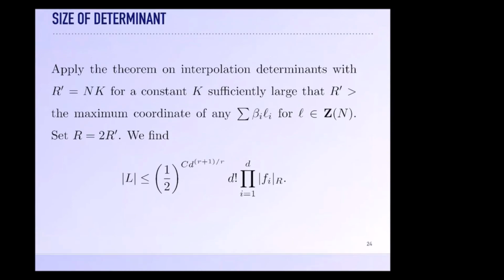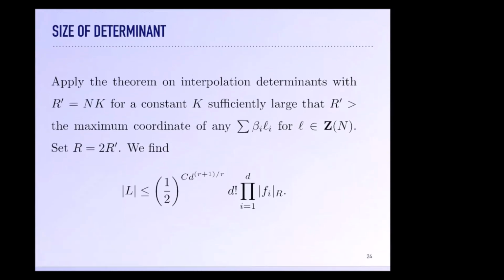All right. So now what can we say about the size of the determinant? We want to show this determinant is 0. That's our goal, and then we'll be done. We'll get the matrix has rank less than what we want. So you apply the theorem on interpolation determinants to bound the size.